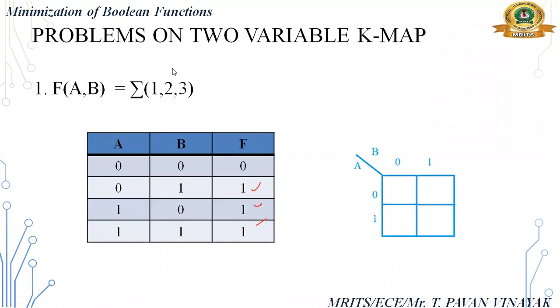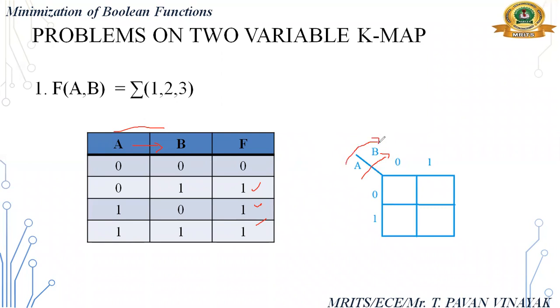This is the K map. While taking variables, follow this order only. Whatever order you write in the truth table, follow this order only. See here, I am taking A and B. Here also you take A, B in this order. Okay, A, B. Don't write B here and A here.